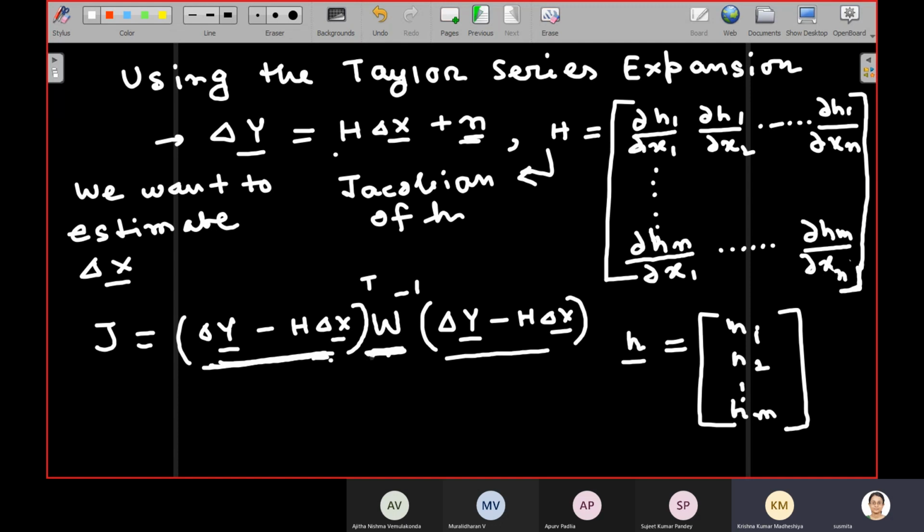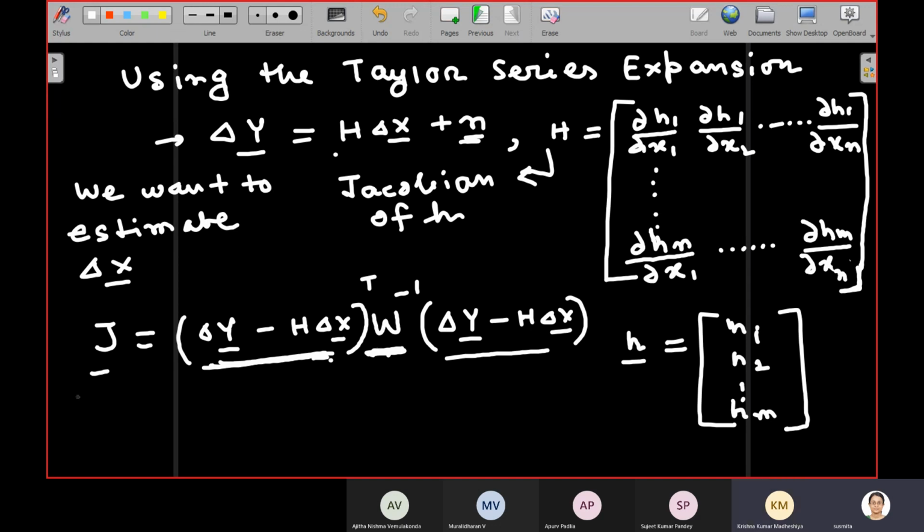That's why the name is weighted least squares. So this way we are incorporating additional information. We are telling the estimator that this measurement has good quality, so give more importance to it. This measurement has bad quality, so do not give much importance to it. And that information is statistically incorporated in the W matrix. If W is large, measurement quality is bad, W inverse is small, and therefore relatively less importance is given to that particular element.